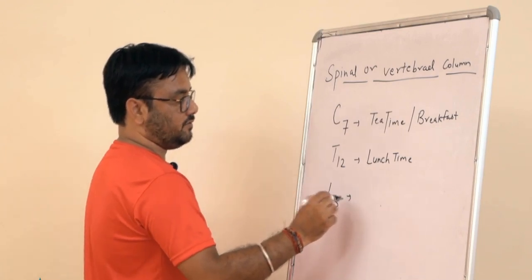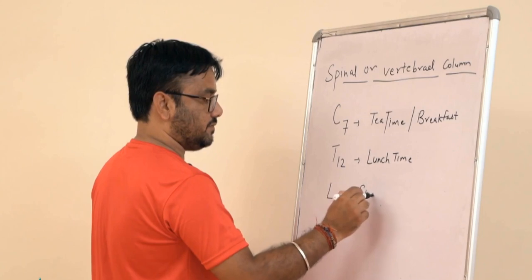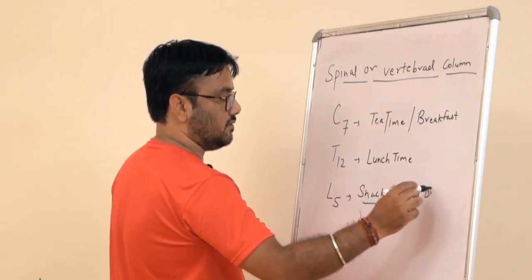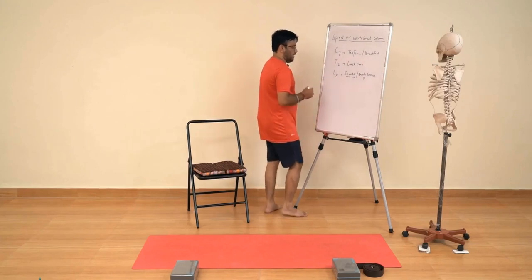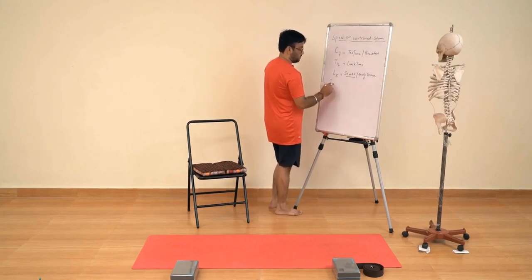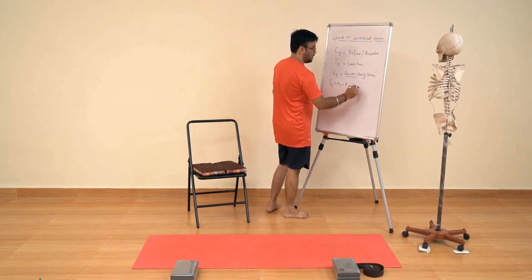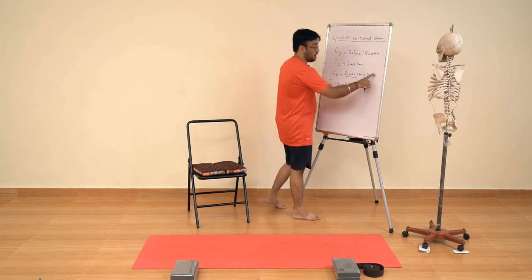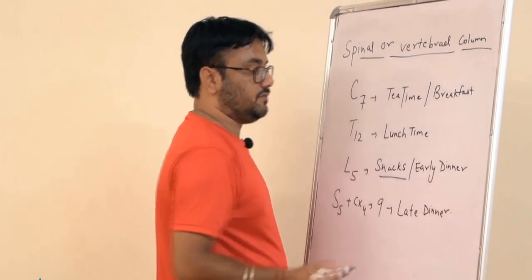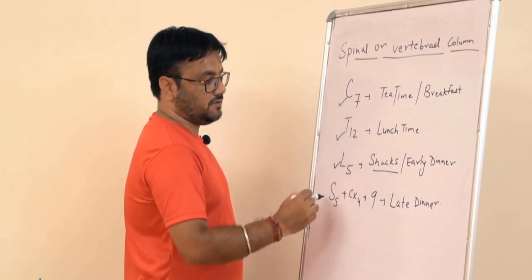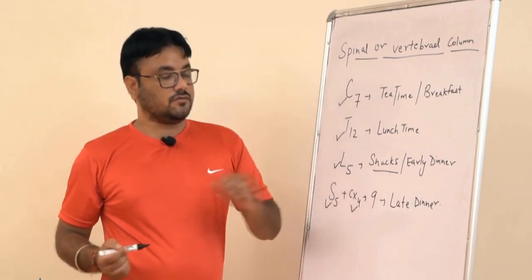Lumbar 5, snacks or early dinner. Then sacrum 5 plus coccyx 4, how many? 9. So 9 is your late dinner. This is the way you can easily remember the number of vertebrae in each component: cervical 7, thoracic 12, lumbar 5, sacrum 5 plus coccyx 4 equals 9.